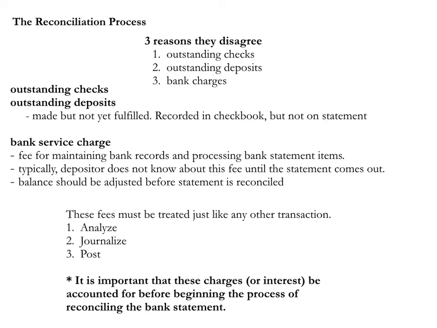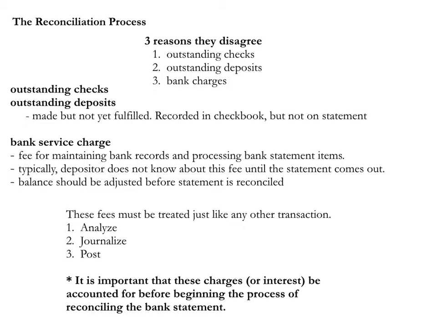So let's look at this process. First off, when we do this process, very seldom is your bank account balance and your checkbook going to agree with the balance on the bank statement. These are the reasons why they disagree: 1, outstanding checks. 2, outstanding deposits. And 3, bank charges.